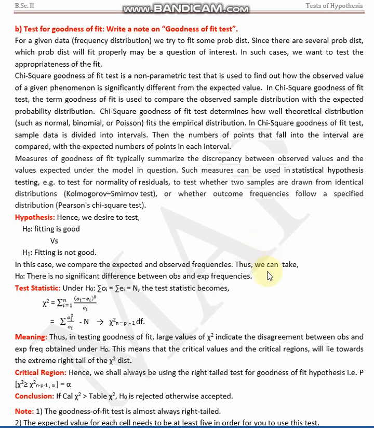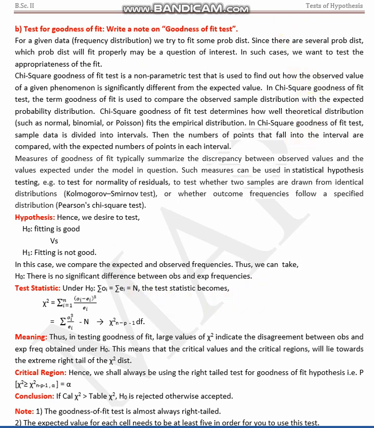Such measures can be used in statistical hypothesis testing, for example, to test for normality of residuals, residuals in the sense of errors; to test whether two samples are drawn from identical distributions, that is the Kolmogorov-Smirnov test; or whether outcome frequencies follow a specified distribution, like Pearson's chi-square test.